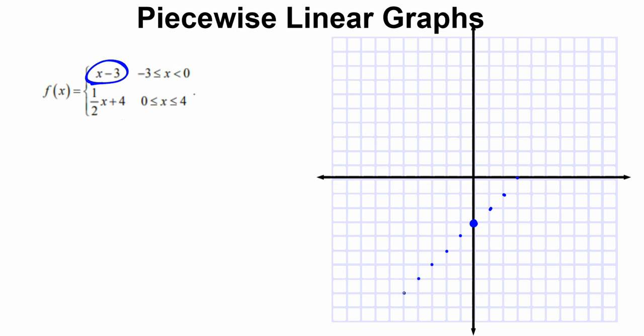So I'll get my points plotted here. And then I'm just going to connect these. So here's my graph of the x minus 3.